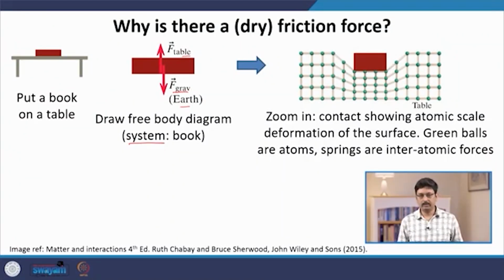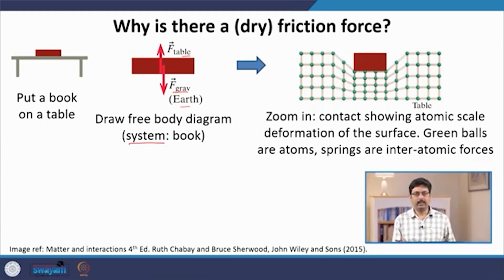What this picture is showing is that the green balls are the idealized version of the atoms. This table is a solid object, and in a very idealized picture, we can imagine this table as made up of atoms, the components of the table, like green balls, placed in regular, periodic positions, that makes the table.